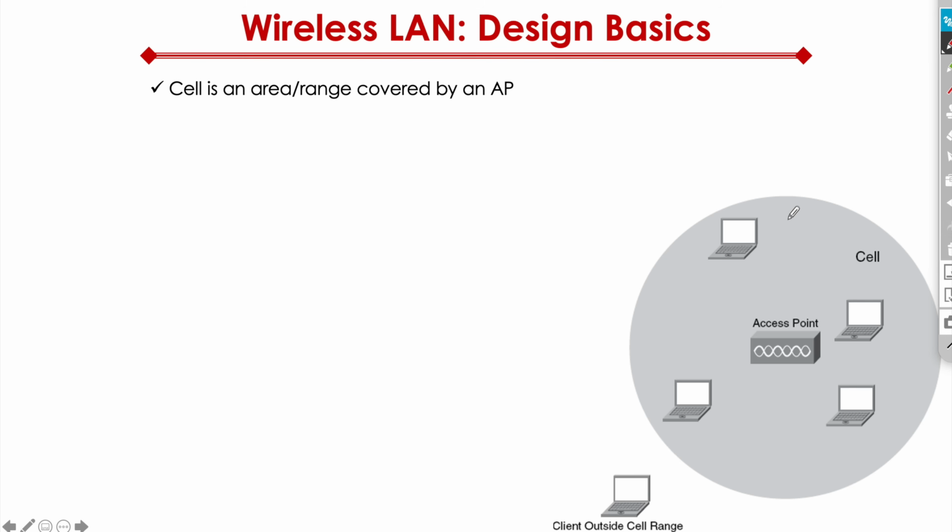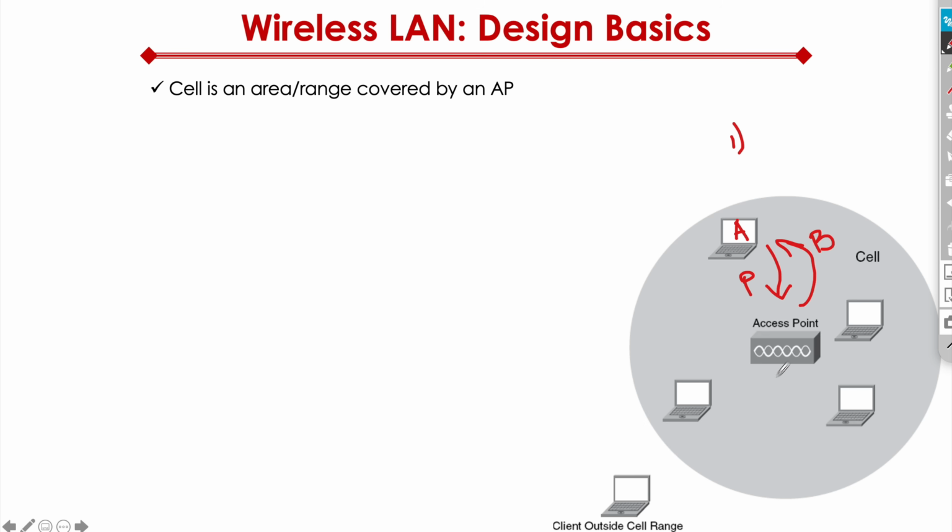The way it works is, first, when the Wi-Fi client comes online, so let's say this guy A comes, you enable the wireless card, it issues a probe and sends it to the access point. The access point responds back with what's called a beacon, and the client associates with the chosen SSID.